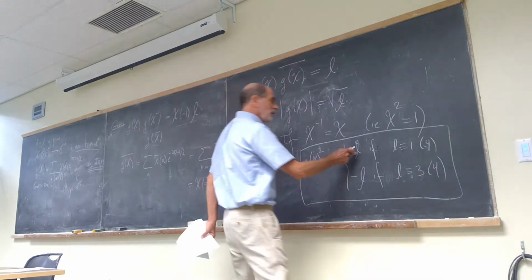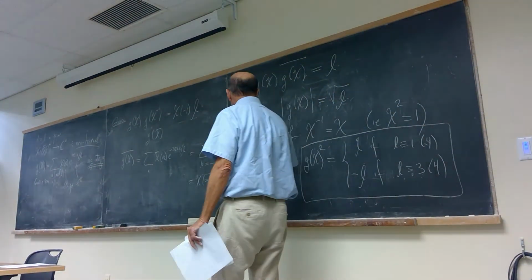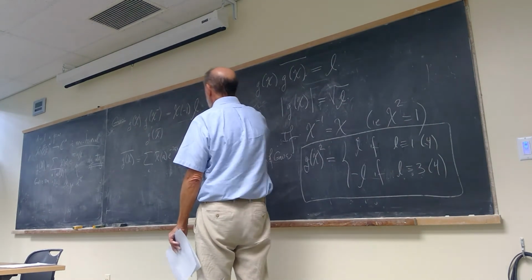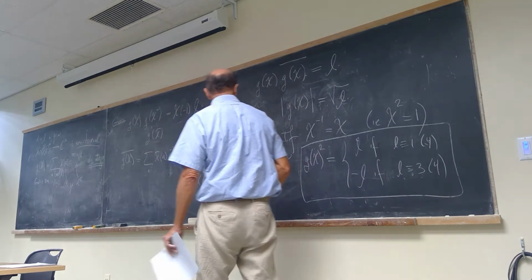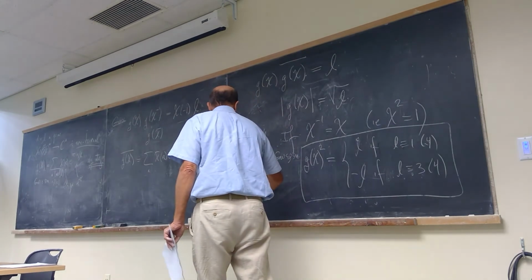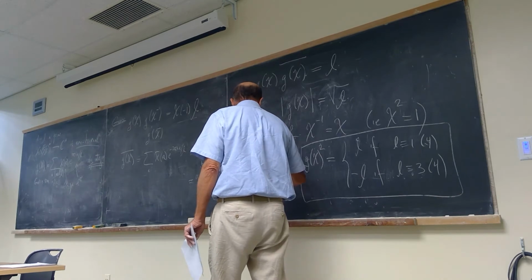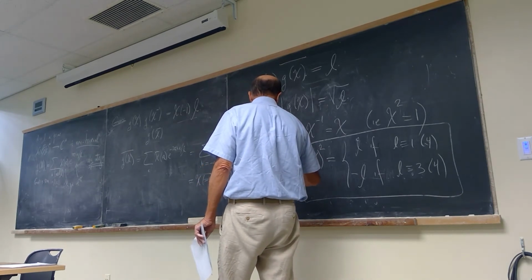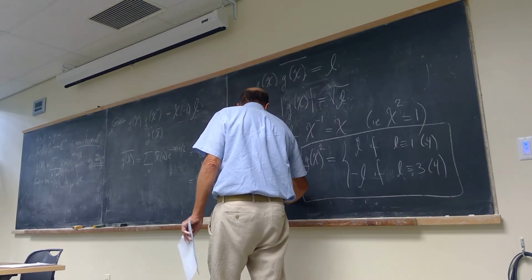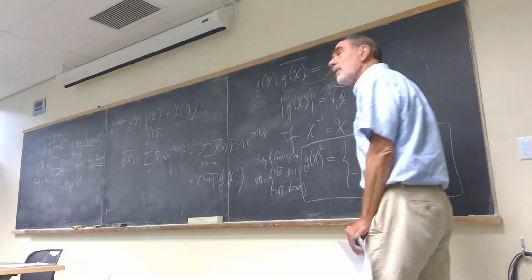There are 2 square roots of L, and there are 2 square roots of minus L. The sign turns out to be, and this is a much harder result than what I'm going to prove, the positive square root of L for L congruent to 1 mod 4, and i times the positive square root of L for L congruent to 3 mod 4. So it tells you which exact square root it is.